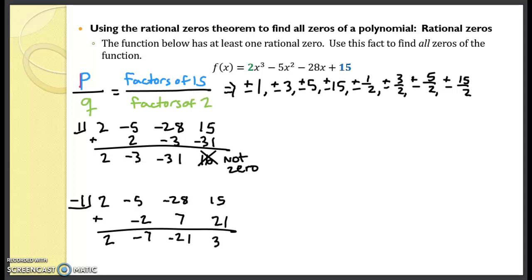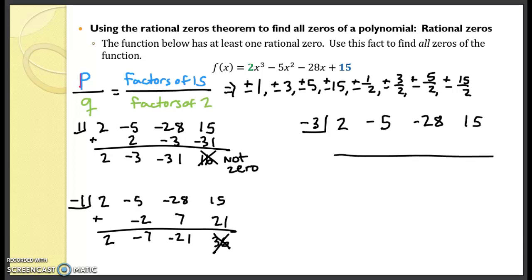Right here we're going to end up getting 36, not a 0. So -1 is not a 0. One thing you can do, and this is just a little hint, is you can get on your calculator and graph this function. And you can maybe see about where it's crossing the x-axis and maybe try that value as a 0.